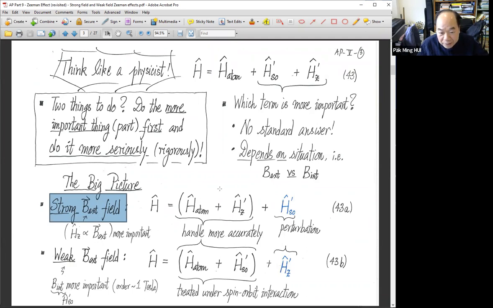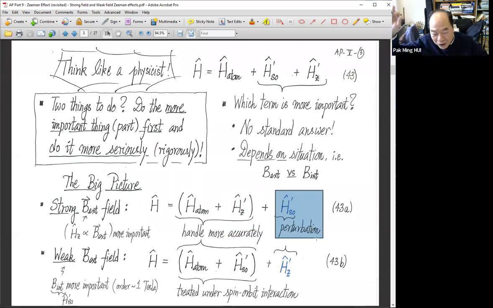You do this part more accurately. Try as best as you can. Don't make too much approximation, all right? And then do this as a perturbation. Just a rough estimate for the last effect.